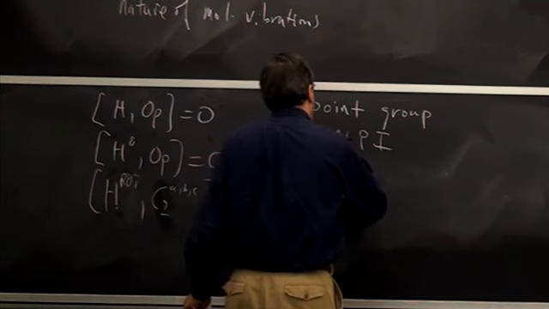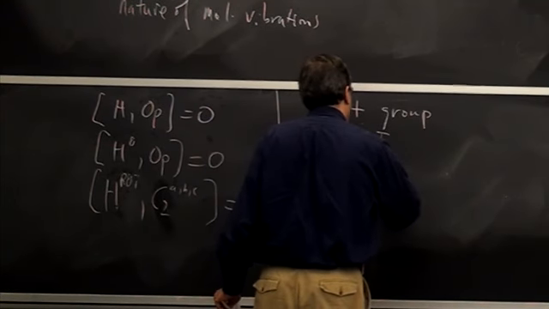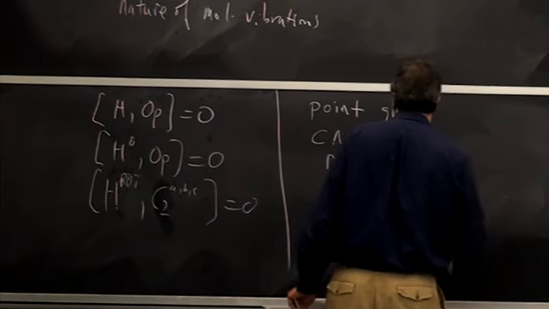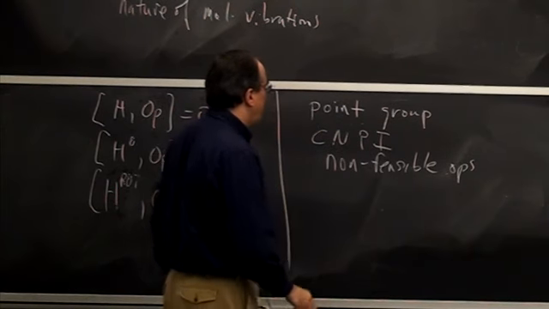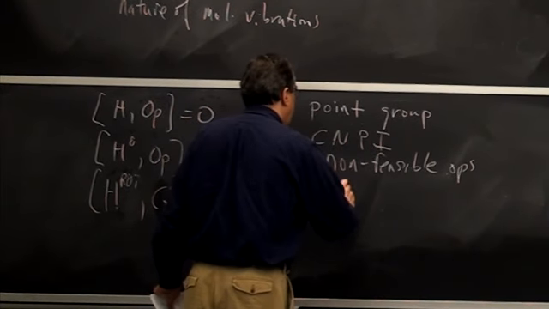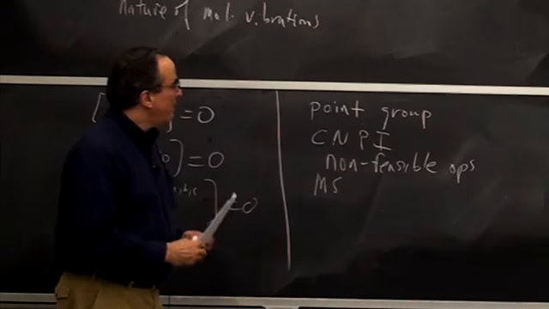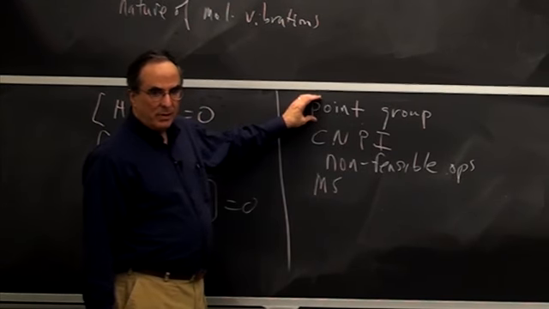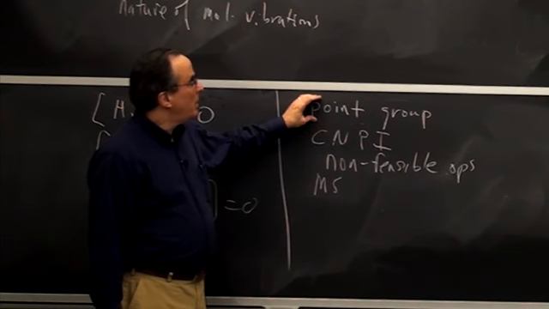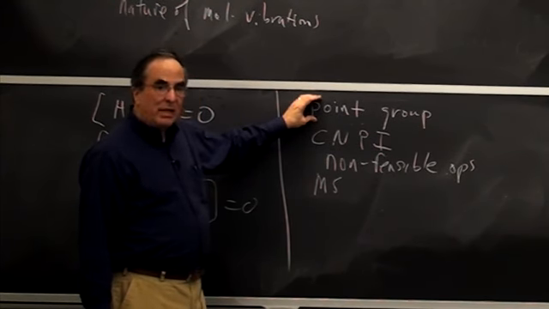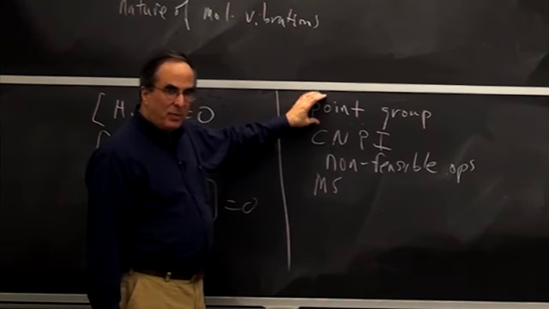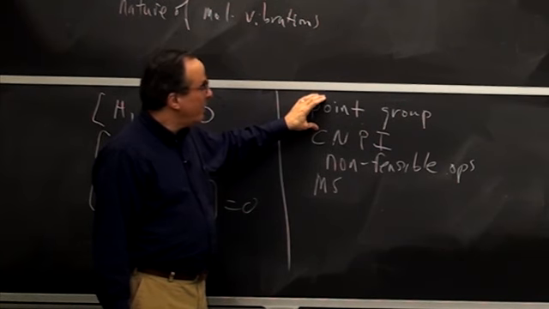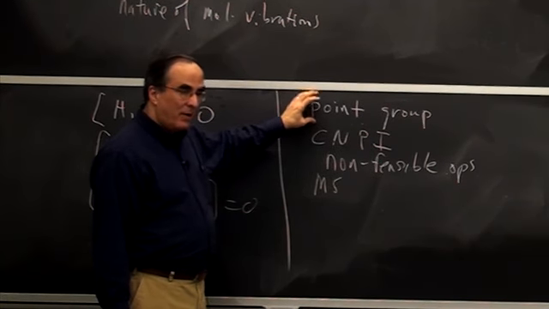So if we exclude those, we get what's called the molecular symmetry group. And the molecular symmetry group is isomorphic with the point group. And so you can usually use point group operations, point group ideas, even though they are an approximation.